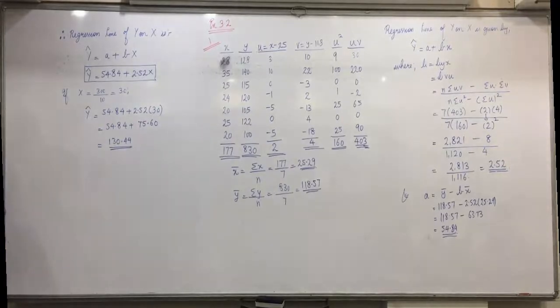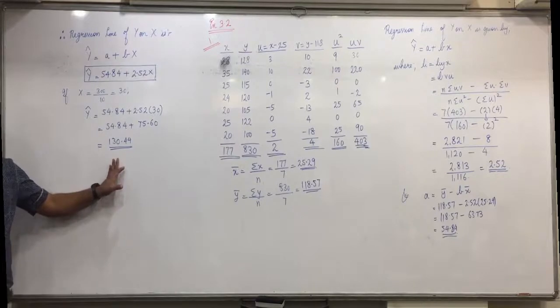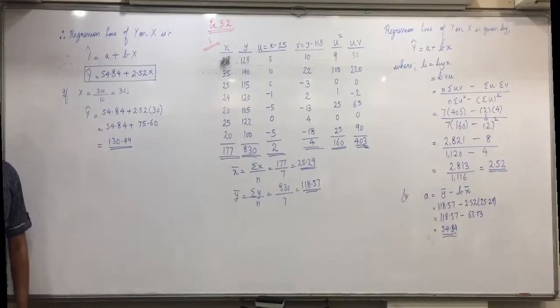Means if consumption of fertilizer is increased by 300 kgs, then yield of cotton will increase by 130.44 quintals. Is everyone clear with that?